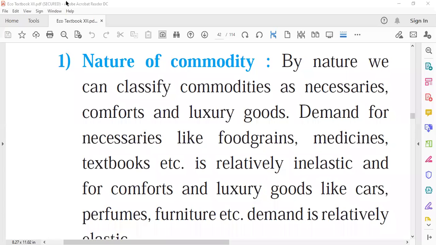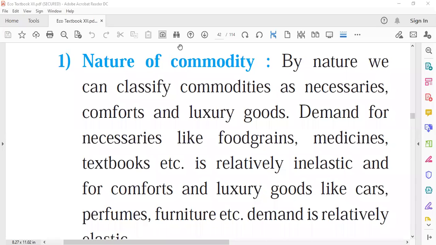We can see this in the pandemic situation: the medical charges increased, but we cannot avoid the medical treatment when we are not well.